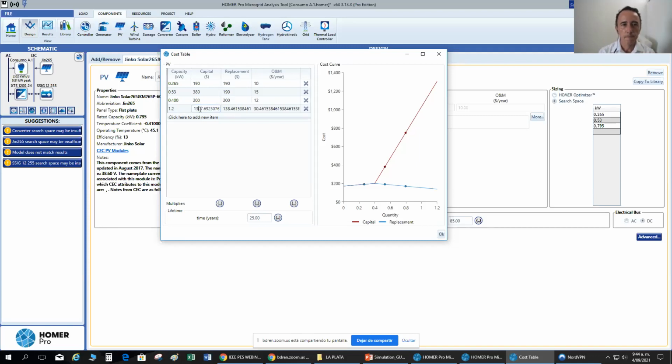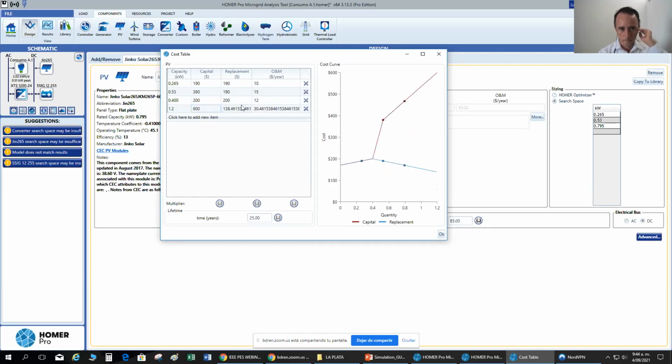So what I'm going to do is add the capacity of 1 kilowatt, and that 1 kilowatt is actually about 25 rupees as per Pakistani. So in this way, you are adding the capital cost of 25 rupees per kilowatt. Is this correct? What do you think?